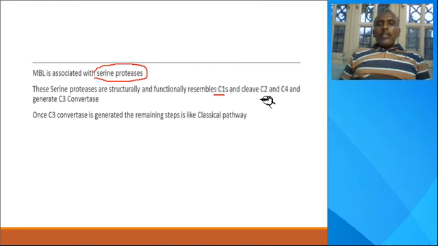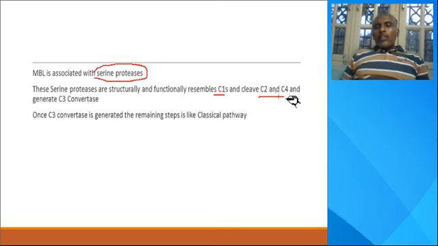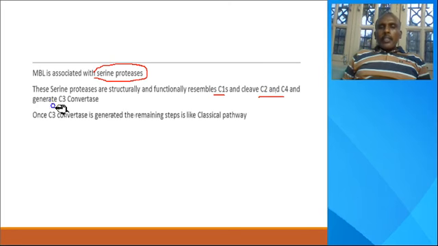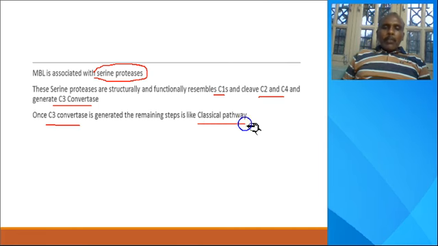C1s participates in the classical pathway and cleaves C2 and C4. When C2 and C4 are cleaved, C3 convertase is generated. Once C3 convertase is generated, the remaining steps, C3 cleavage, C5 convertase formation and C6 onwards, are all similar to the classical pathway.